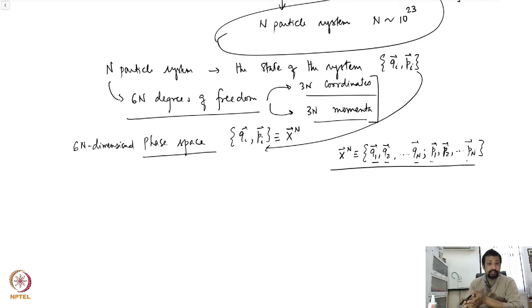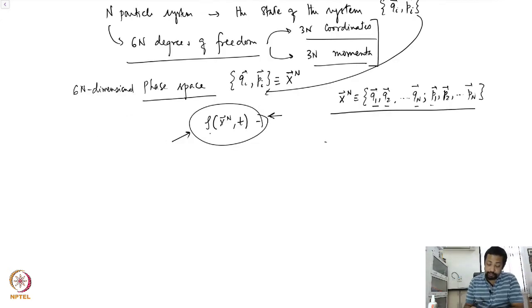And our task is to figure out how this probability density is going to evolve, how rho of x_N comma t is going to evolve. What is the dynamical equation that governs the evolution of this probability density?